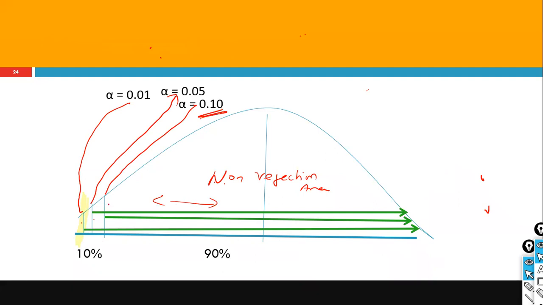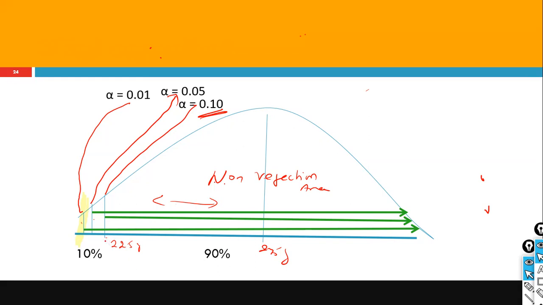Take the same chips example. You are conducting some kind of internal quality test, and even if the chips packet consists of less than, let's say, 225 gram should be there. Even if it is less than 225 gram, I'm going to reject it. Your rejection region area size is getting increased when you specify the alpha value as 0.10.